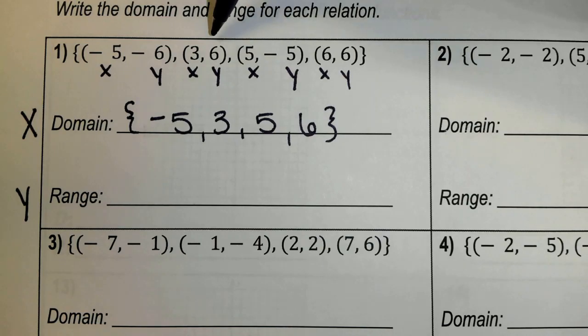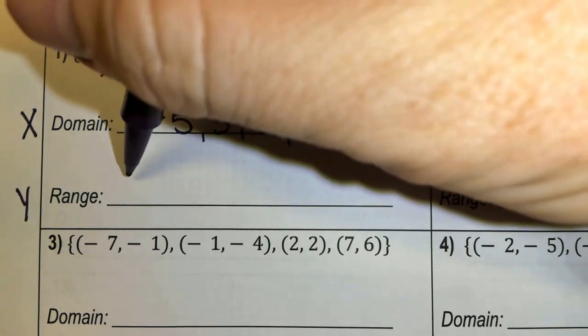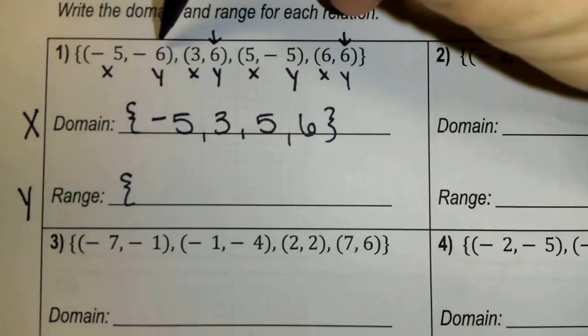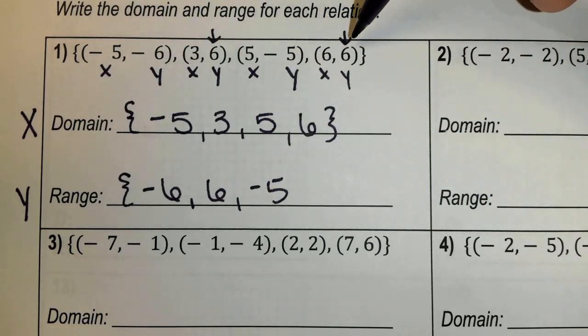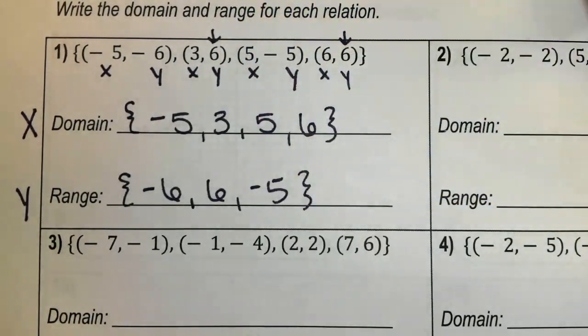Now notice on the y's, I have 6 and 6. So because it repeats, I only have to write it one time. Okay, so I'm going to start with fancy bracket. Then I do -6, 6, and -5. And because that repeats, I don't have to write it again, so I'm done. And that is my answer for number 1.